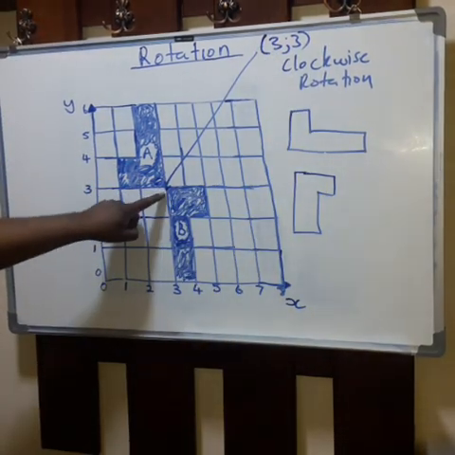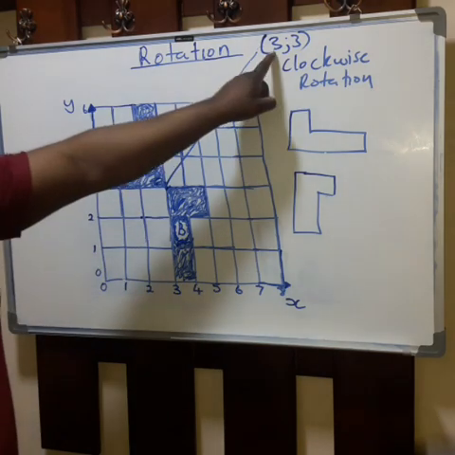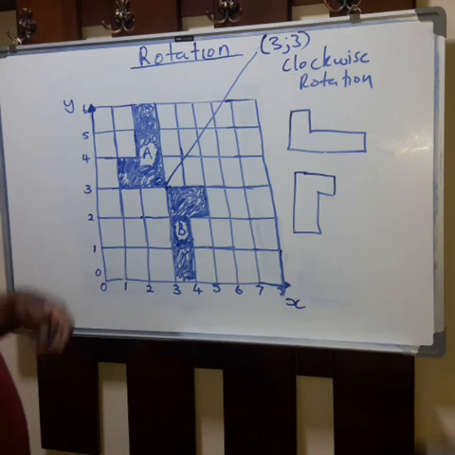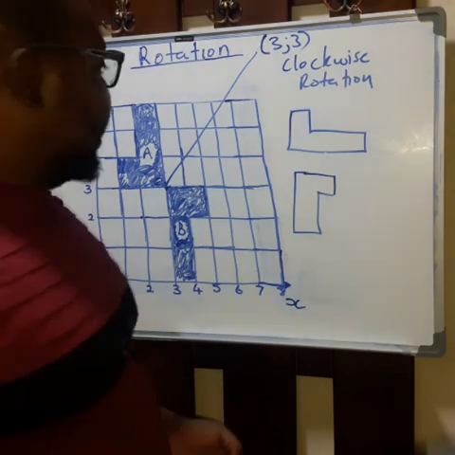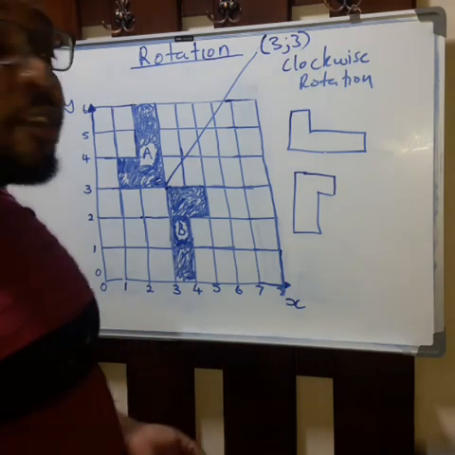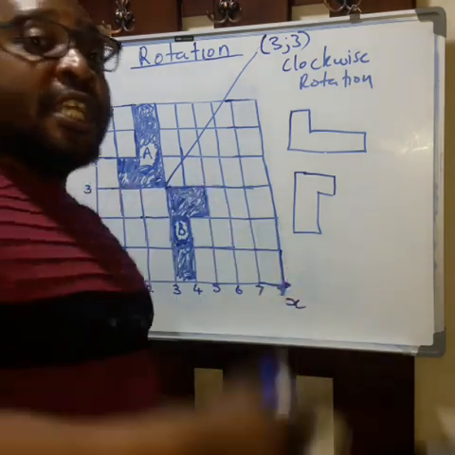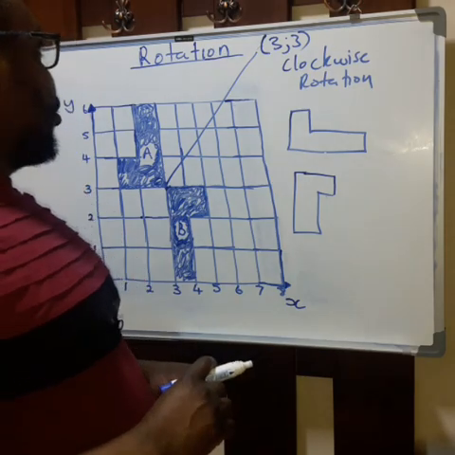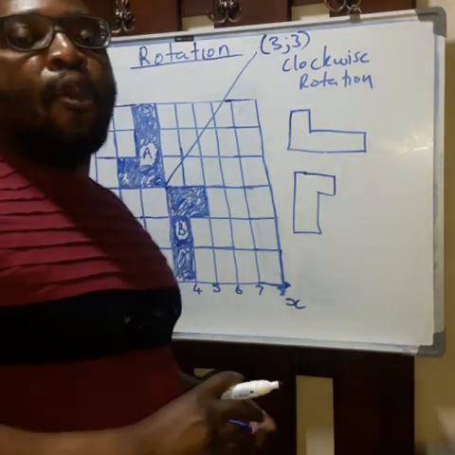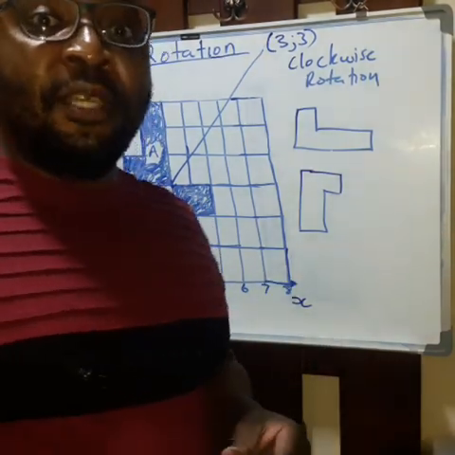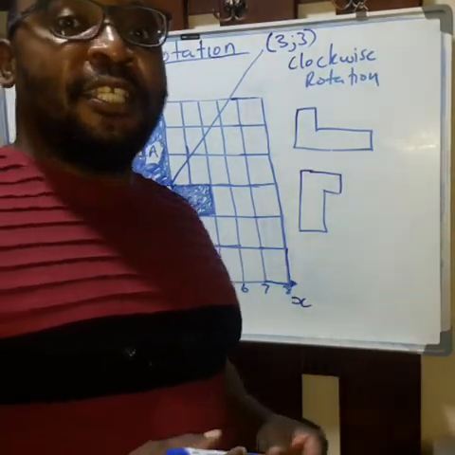This is the center of rotation, okay? 3 representing the value of x, and the other 3 representing the value of y. So basically, this is how rotation takes place. It can take place also in an anti-clockwise direction, okay? So I hope you have understood the topic. Next time you see any topic concerning movement geometry, it must be easy to tackle.